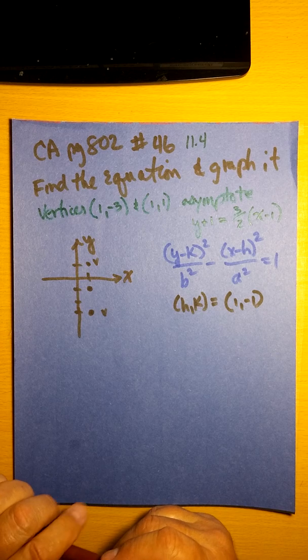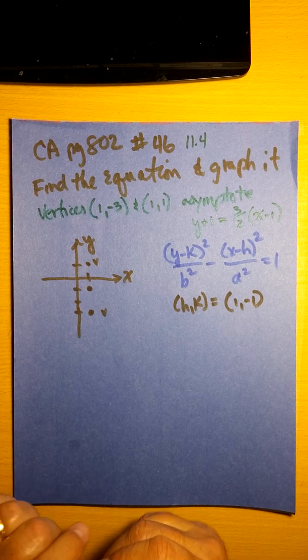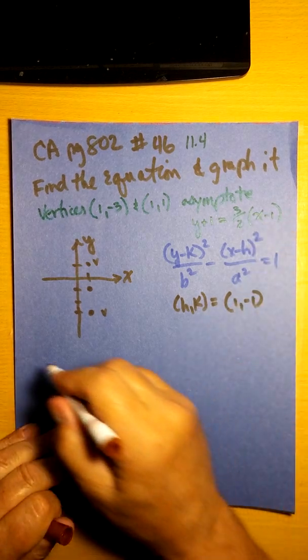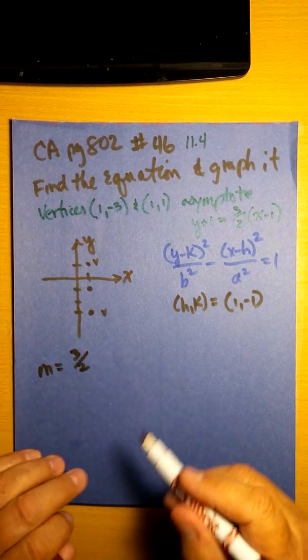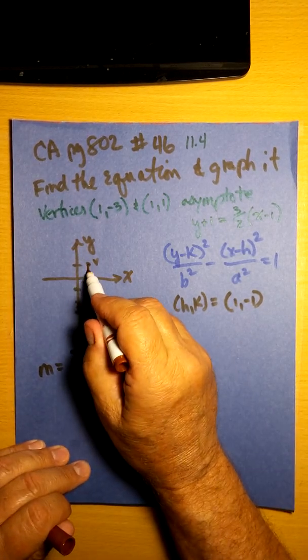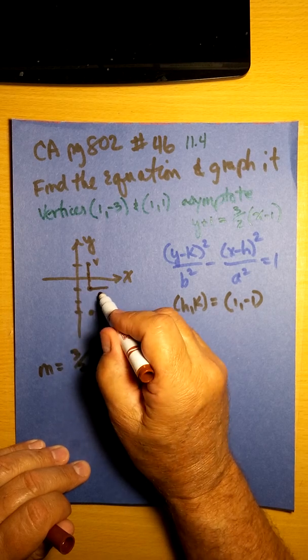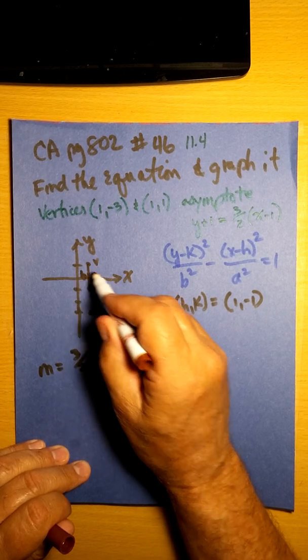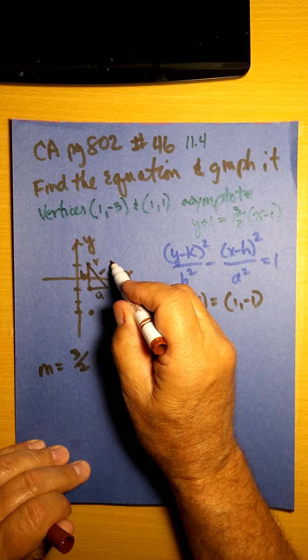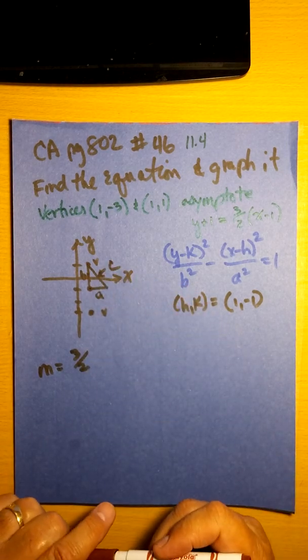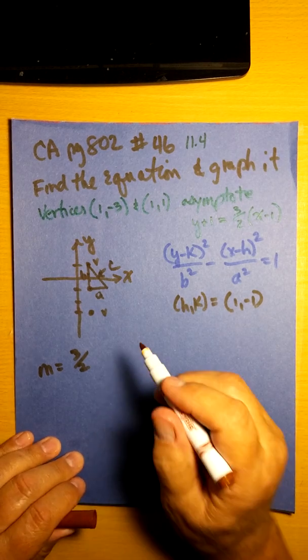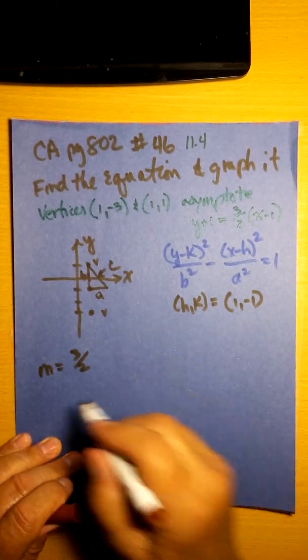Okay, let's see here. So, we know that the slope of that asymptote is equal to 3/2, and we know that if we draw in our a and our b, and this hypotenuse is the c, then a squared plus b squared equals c squared, in this case at least for a hyperbola.